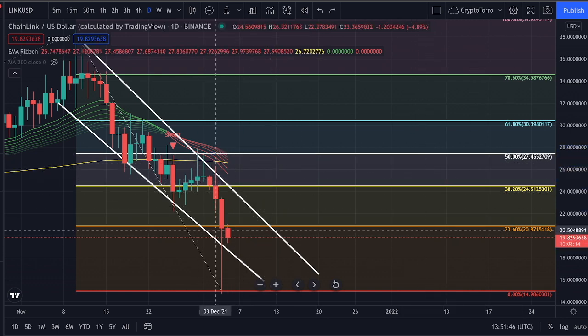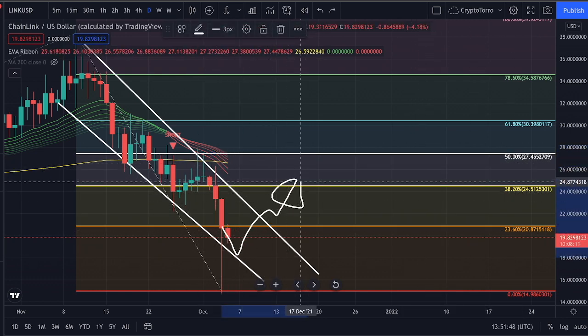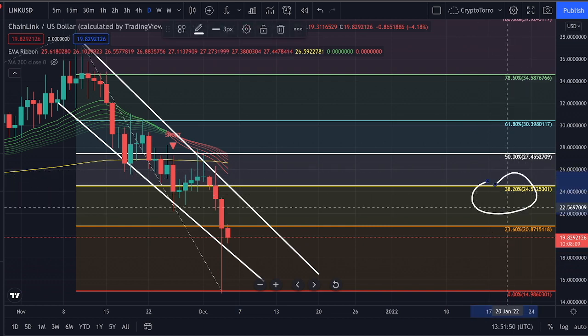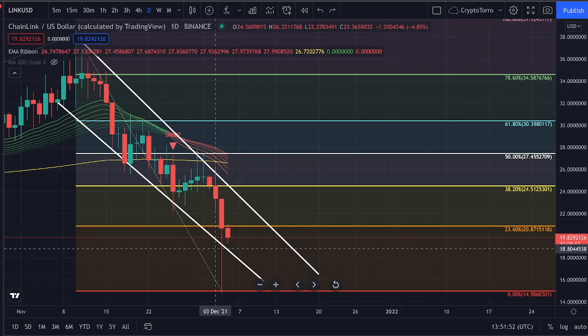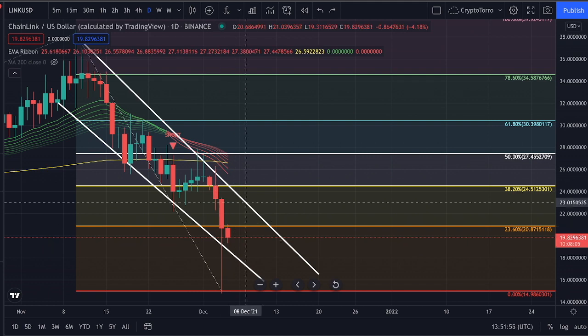Therefore, if we are going to experience an increase in price action, we will have to monitor the 38% Fibonacci very closely once we are heading towards a retest at that point in time.